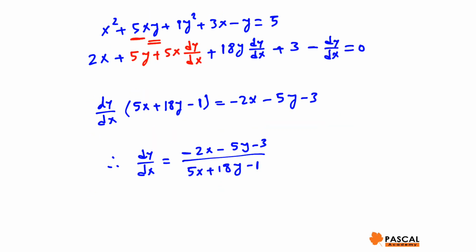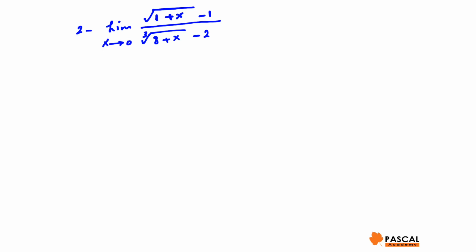Question number 2. The limit L of square root of 1 plus x minus 1, divided by cube root of 8 plus x minus 2, as x approaches 0, is equal to f prime of a divided by g prime of b.